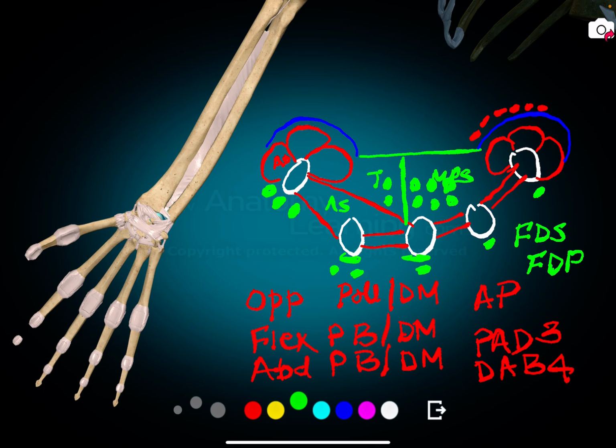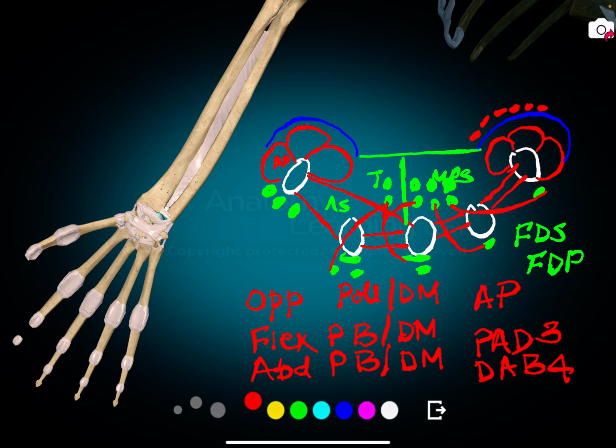Then we place the most important muscle in the hand, and that muscle arises from the profundus tendon and gets inserted into the extensor expansion. So this one, then this one, then this one, and then this one.